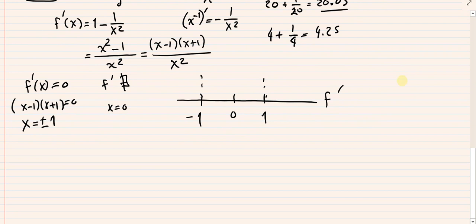And our first derivative test, that is. Then again, pick a test point. So for example, let's say I pick 3 here. Plug it into the derivative function. So 3 minus 1 is positive. 3 plus 1 positive, divided by 3 squared positive. So that ratio is positive.